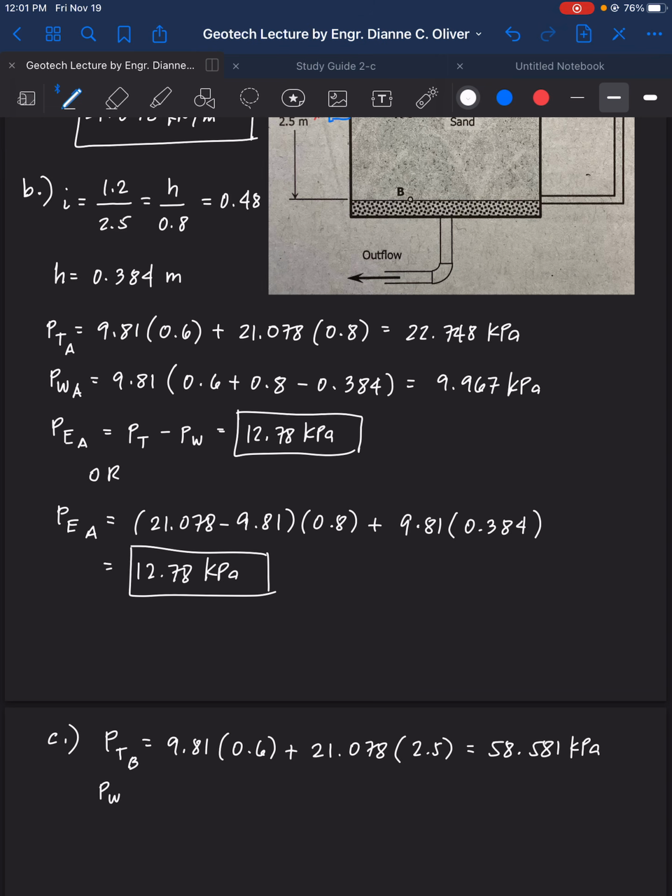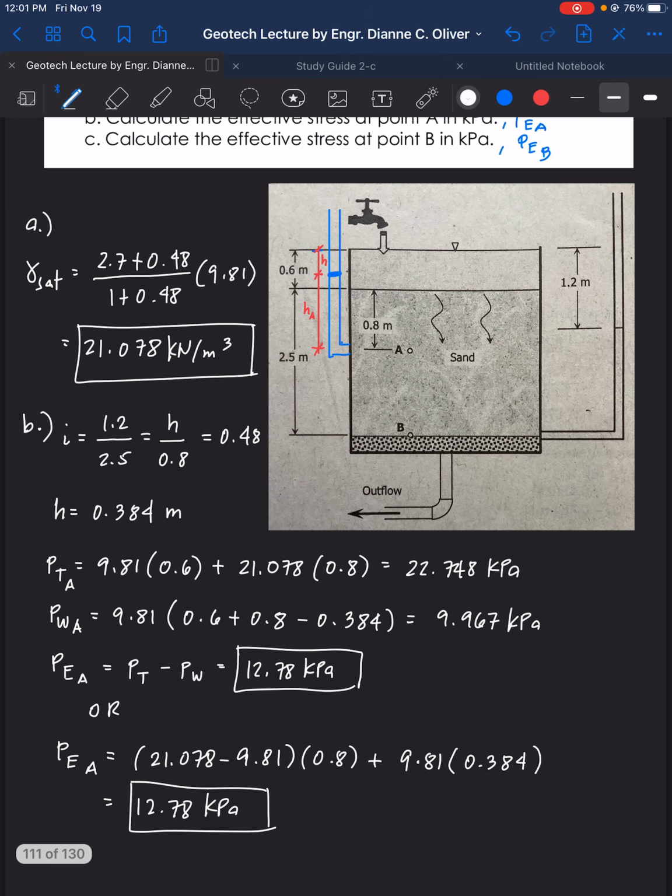Next, pore water at point B is equal to 9.81 times H sub B, so we need to find H sub B. To get the value of H sub B, we need to add 0.6 plus 2.5 minus 1.2.